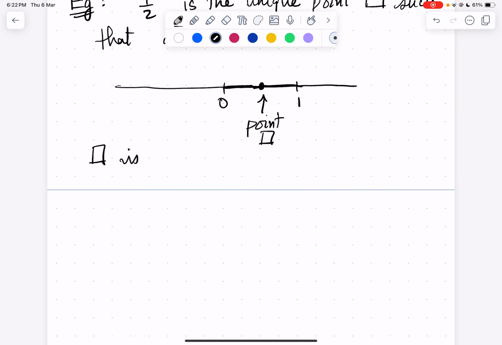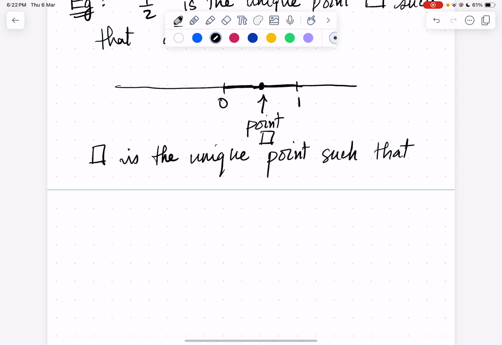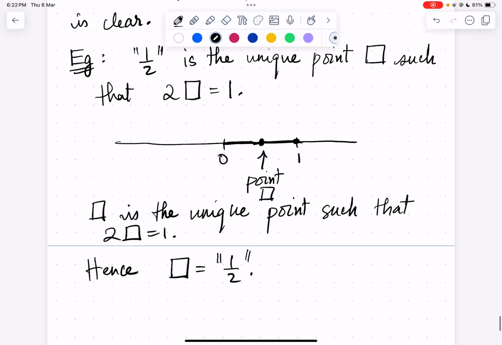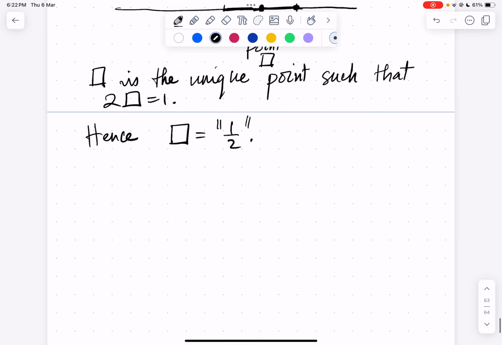Box is the unique point such that 2 times box is 1. So if you take the point twice, you get 1. Hence, box is the rational number half. This is the rational number half.